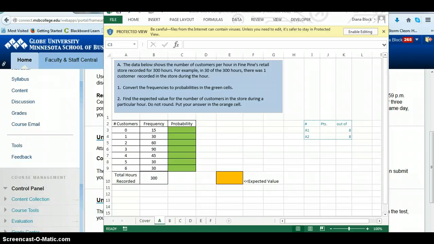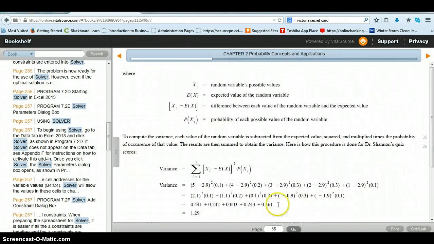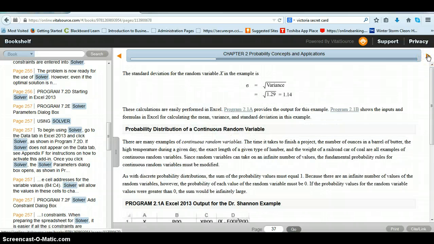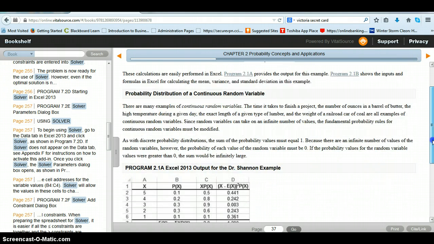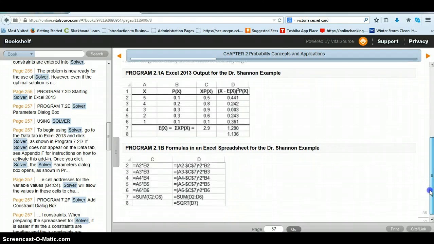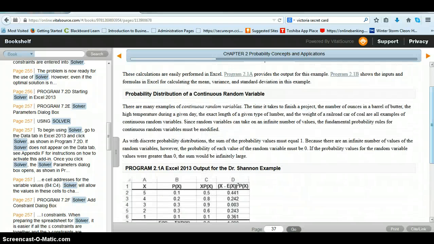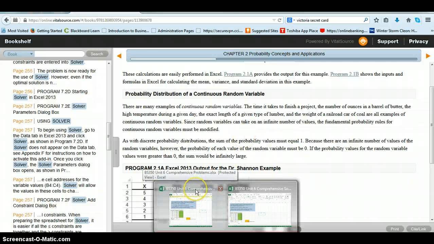Now, we studied this in chapter 2, and so if you need to review it, you will go to your textbook about pages 34, 35, 36 in the chapter 2 probability concepts and applications, and this is where you'll see a review of the information that we studied and a problem similar to the one that we're going to do in the comprehensive problem here for problem A. So we've done a problem like this before.